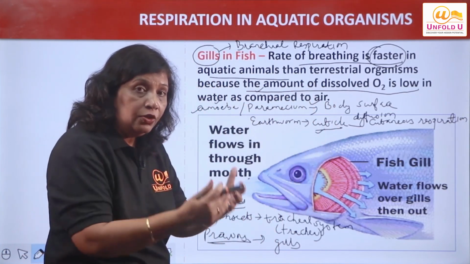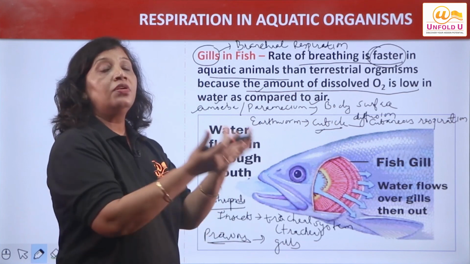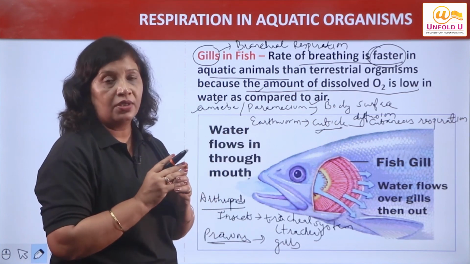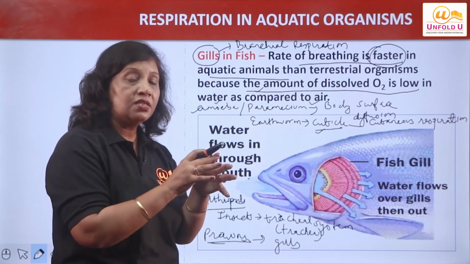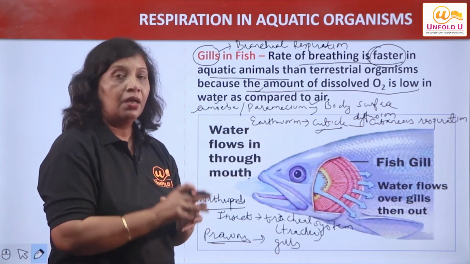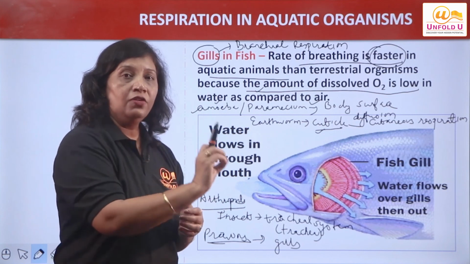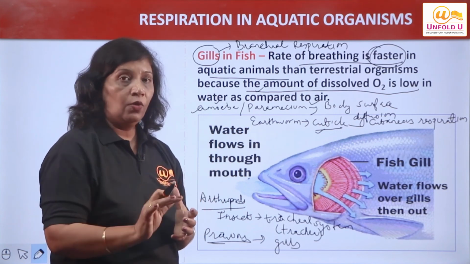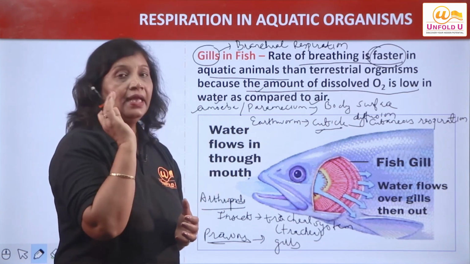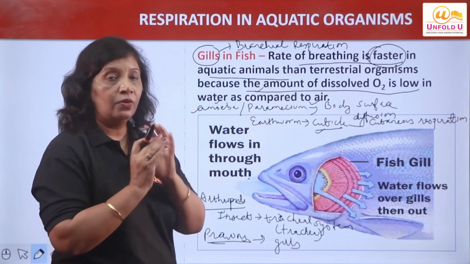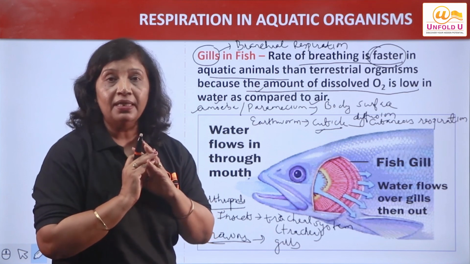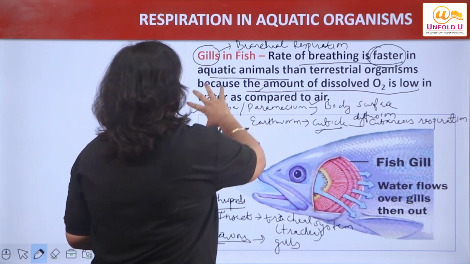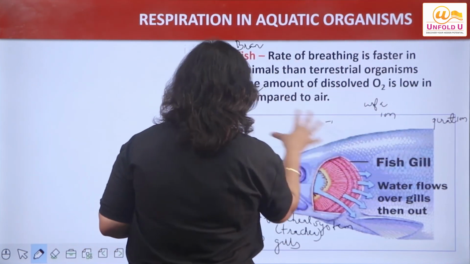So they need to breathe faster to take in more oxygen into their body. I'll repeat, why is the rate of breathing faster in aquatic organisms? Because the amount of dissolved oxygen in water is comparatively lesser than the oxygen present in the air. Is that clear to you?